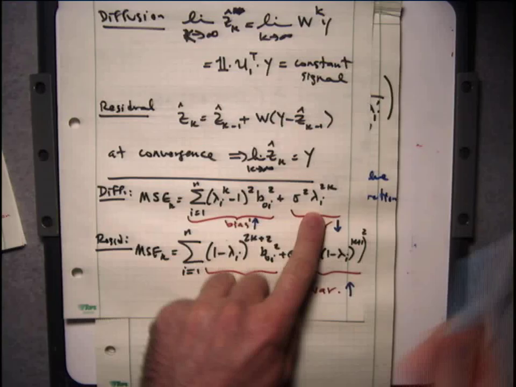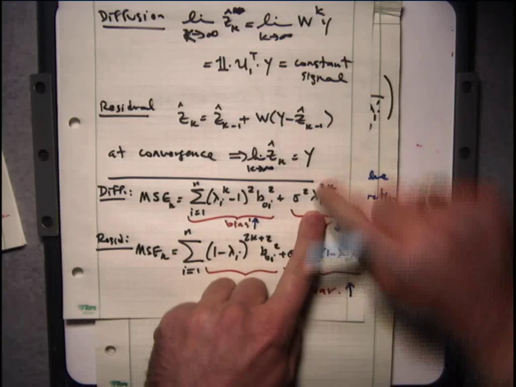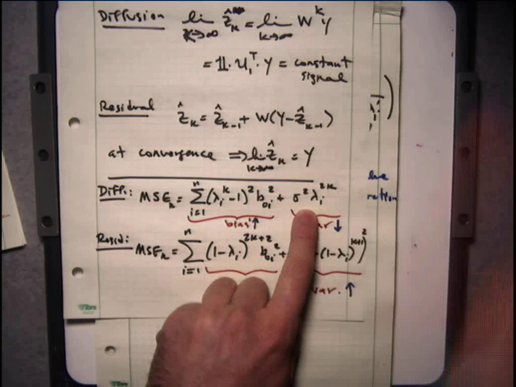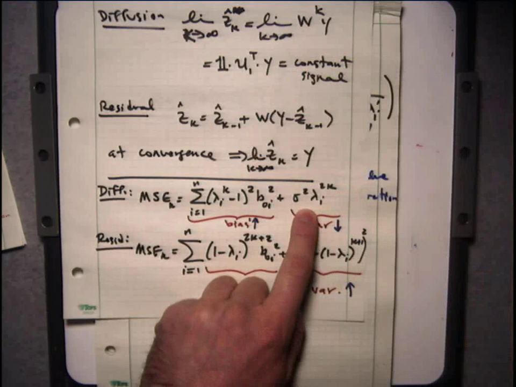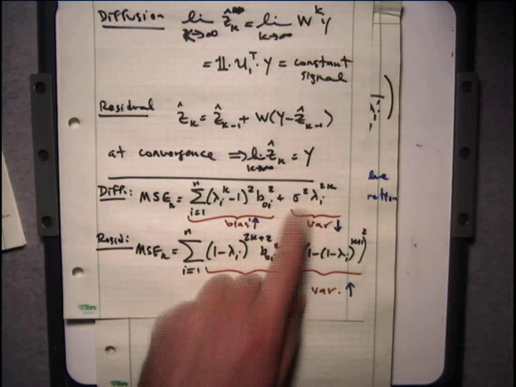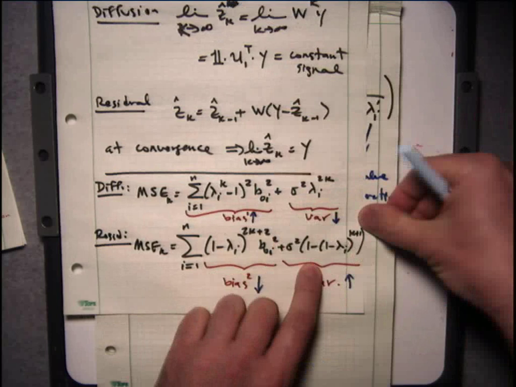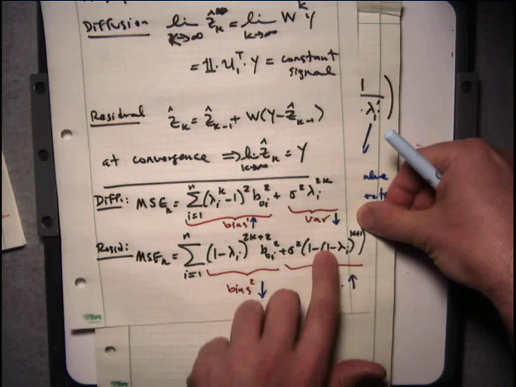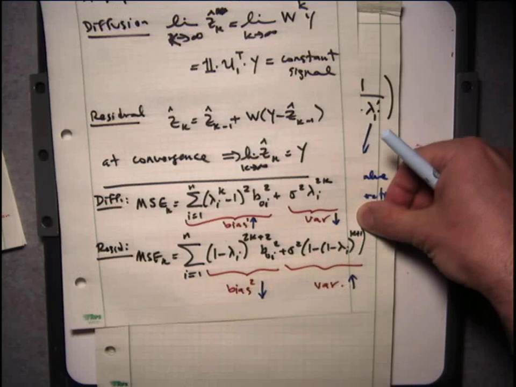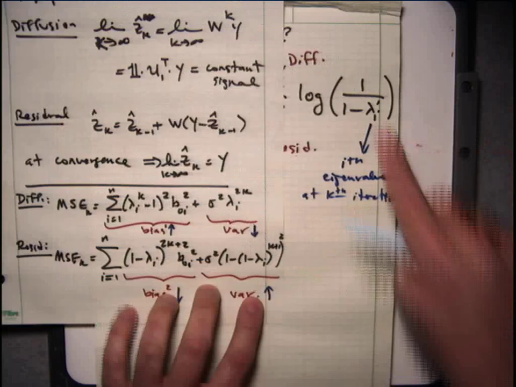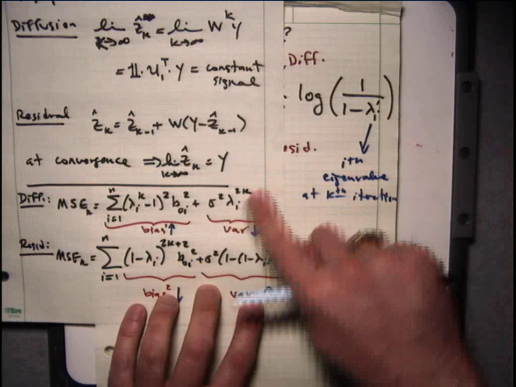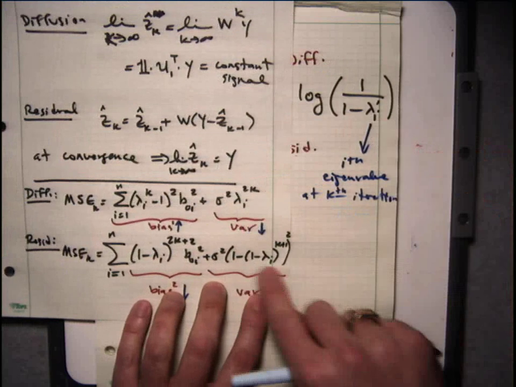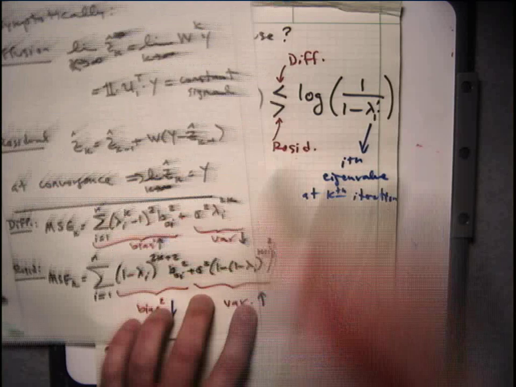If you look at this term, for example, and forget about the square, then lambda_i to the k is the behavior of the ith eigenvalue at the kth iteration. Here, if you forget about the square, the eigenvalue lambda_i turns into (1 minus lambda_i) to the k plus 1. Okay, so that's what this lambda_i prime is. It's lambda_i to the k for diffusion, and (1 minus lambda_i) to the k plus 1 for the residual iteration.